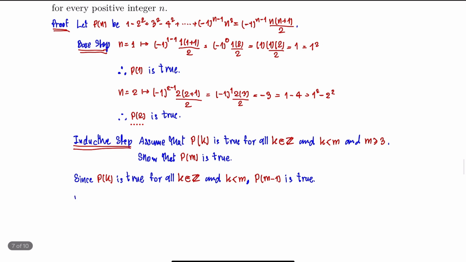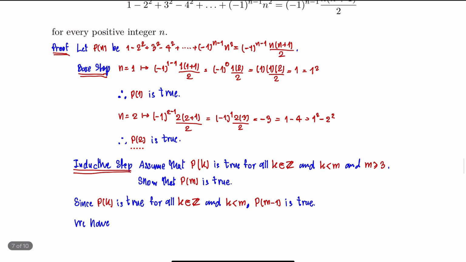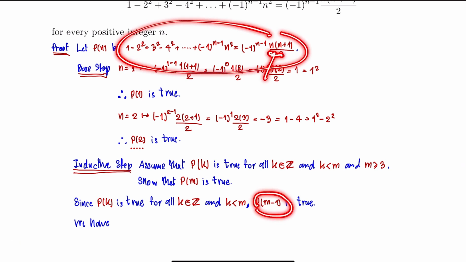Let me write P of M. Just substitute P of M minus 1 into here.